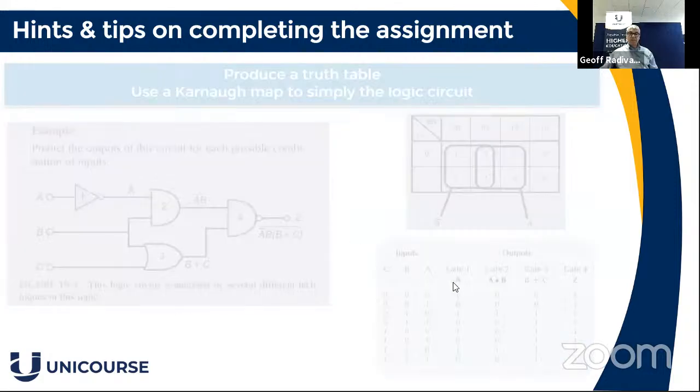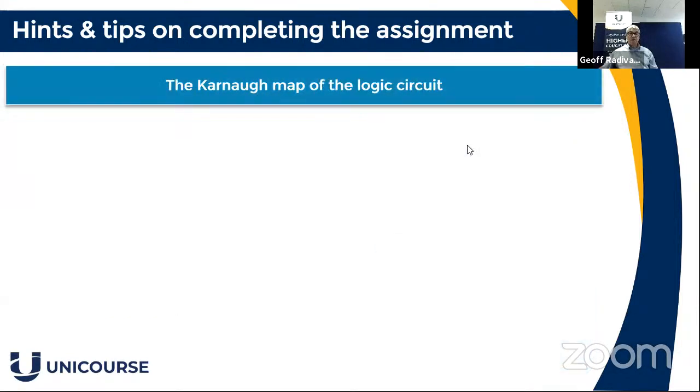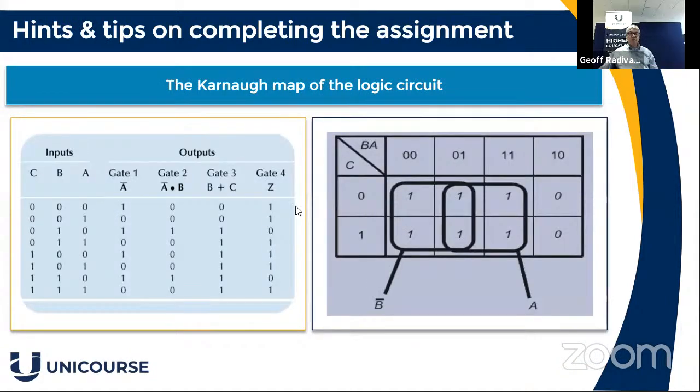And you see here, we've just got the Gray code, and this is the truth table at the bottom here, which follows from here. So you produce this, produce the truth table. From the truth table, you can then look at the maps afterwards. You can see here in a bit more detail, and this is breaking it down.